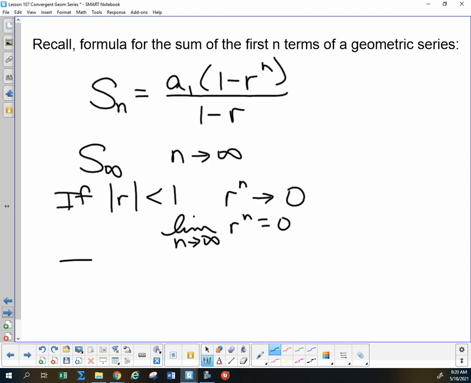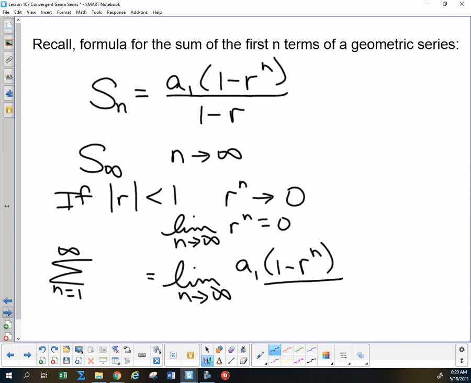So to get my infinite sum, where I'm going from 1 to infinity, I need to take the limit as n goes on forever and ever of a1 over 1 minus r to the n over 1 minus r. Well, no matter how far I go, the first term is always the first term, so a1 stays a1.